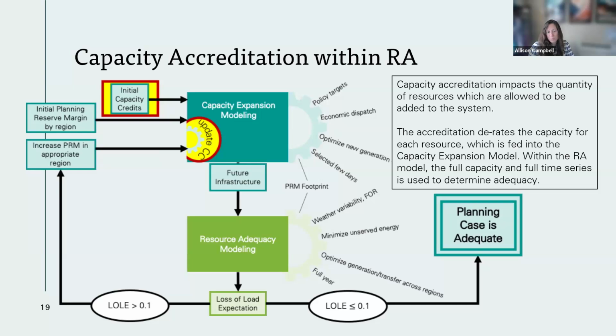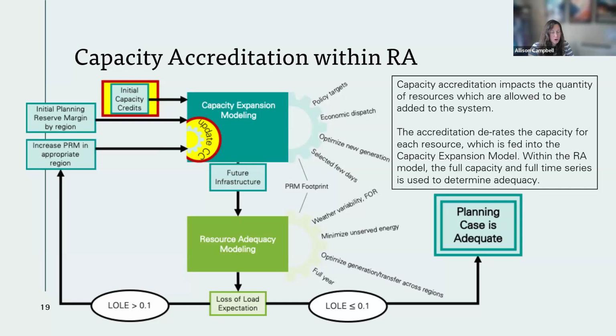Now, resource adequacy outputs are your metrics such as your loss of load expectation. If you do not hit that target, then you need to either increase your planning reserve margin, and then update your capacity credits. So throughout this process, I hope one takeaway you have here is that the accreditation is a derate for the capacity of each resource that is then fed into the capacity expansion model.